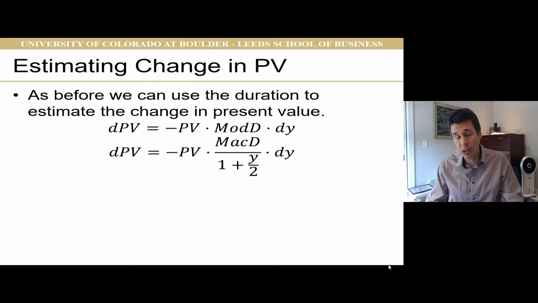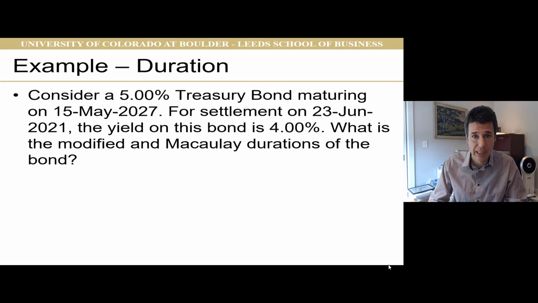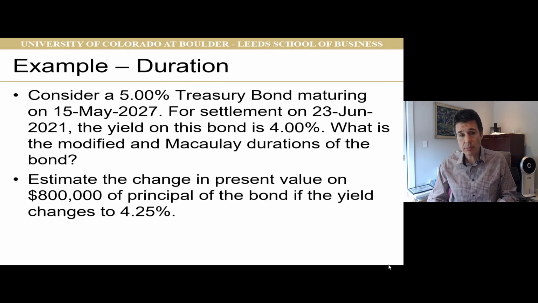We can use Macaulay duration. Remember, the Macaulay duration is the modified duration times 1 plus y over 2, so we substitute Macaulay duration into the previous formula and divide by 1 plus y over 2, and everything works.